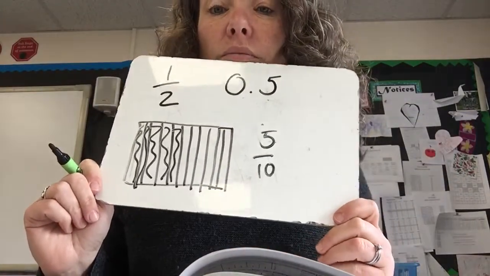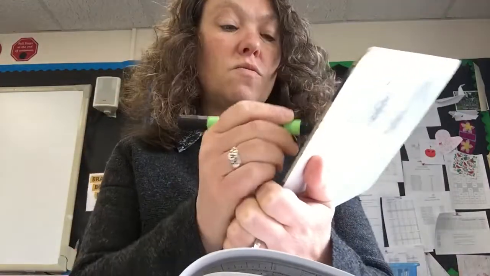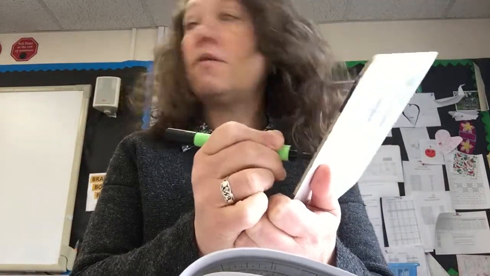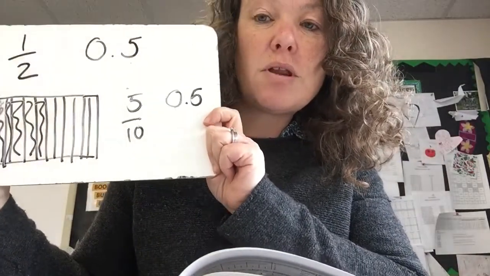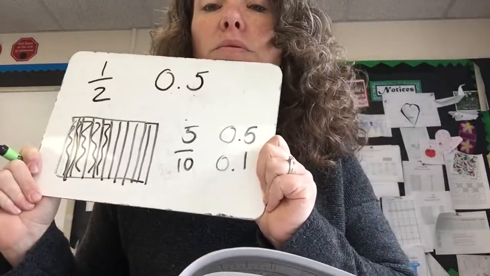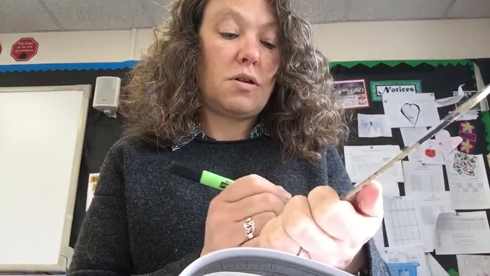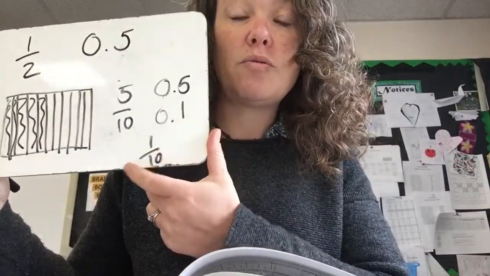So 5 of them out of 10 are coloured in, which makes it 0.5. Now if we're only going to colour one of those out of 10, that would be 0.1. Another way we can write that is 1/10. So 0.1 is the same as 1/10.